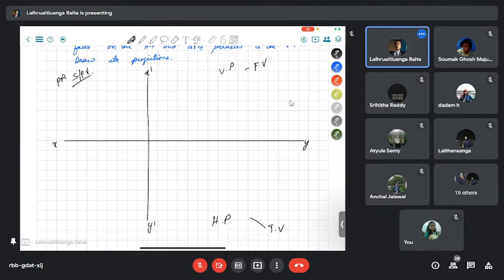All right. Now, as it is sitting on the horizontal plane, partly this is also going to be the horizontal plane, but the formation will happen here. So we are going to let it sit here.